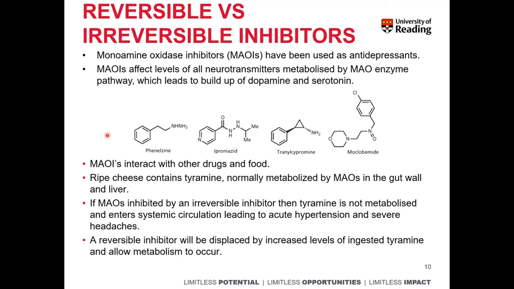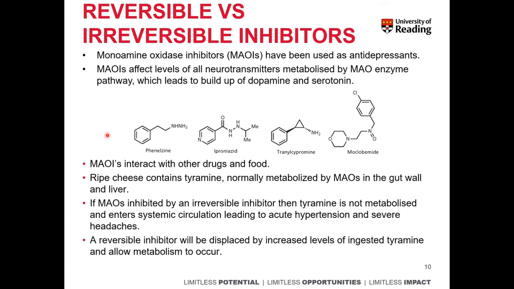Now, the problem is if monoamine oxidase is inhibited by an irreversible inhibitor, such as the monoamine oxidase inhibitors, then the tyramine is not metabolized. Now, this is a problem because the tyramine then enters into systemic circulation. Now, this causes acute hypertension and severe headaches, which is obviously unpleasant for the patient.